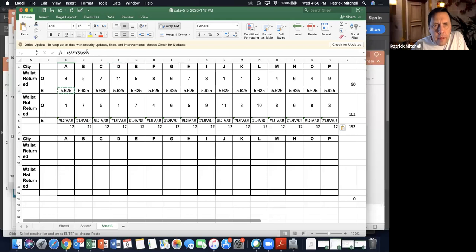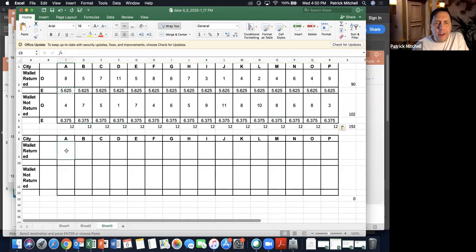It's because in the grand total, I have to pin both the row and the column, and I forgot to do that. So now if I copy this, and again, I really am getting wonky with the Excel. If you find the cell references confusing, you don't have to use it. It just means you'll have to do a little bit more work than I'm doing. All right, so these are the expected frequencies for the wallet not returned numbers. I would expect them all to be close to 6.375.